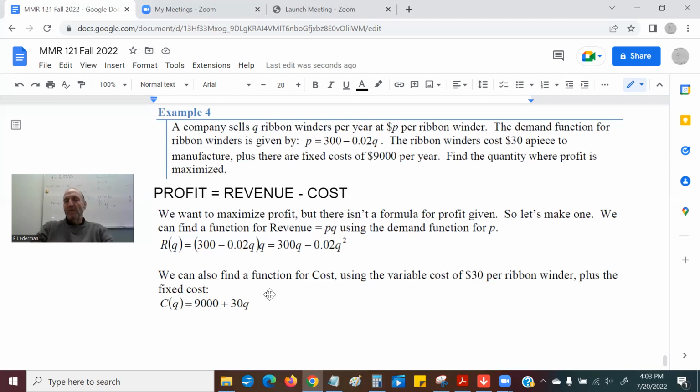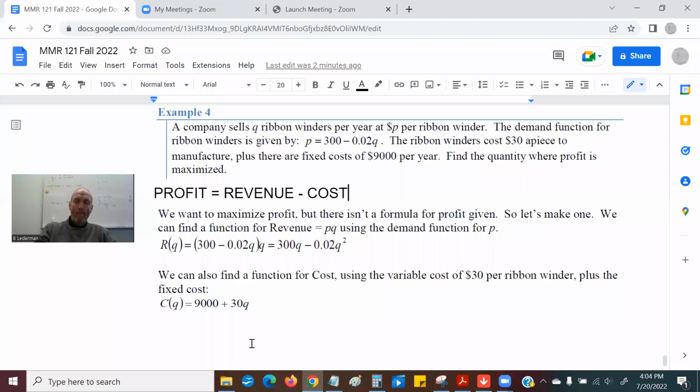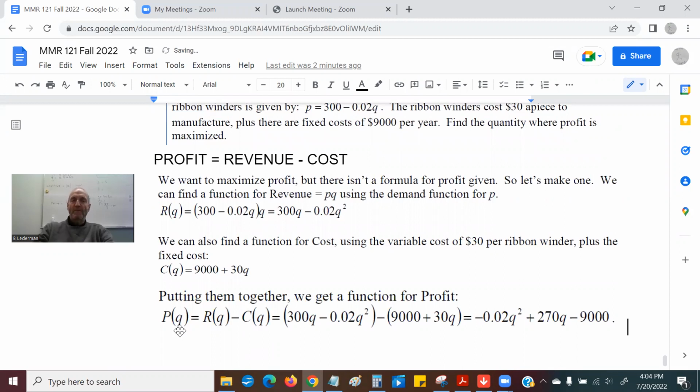Now the cost is very simple. It's the 9,000 fixed cost, which we mentioned up here, plus $30 per unit, $30 a piece, $30 for each one. Now we want the profit, and the profit is revenue minus cost.